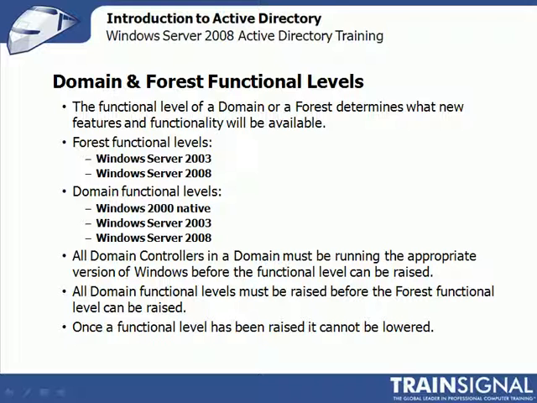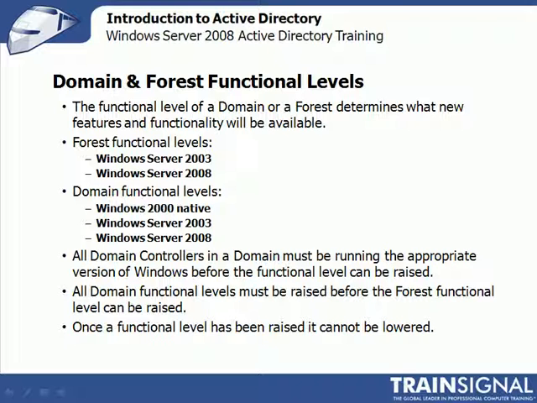It won't know what to do with them. So we need to keep the functional level in a place that lets Active Directory know that there are still Windows 2000 domain controllers out there, and take away some of those new features and functions that they won't understand. And then now we have Windows Server 2008, which has even more new features and functionality, which not only Windows 2000 domain controllers are not going to understand, but the Windows Server 2003 domain controllers are not going to understand either.